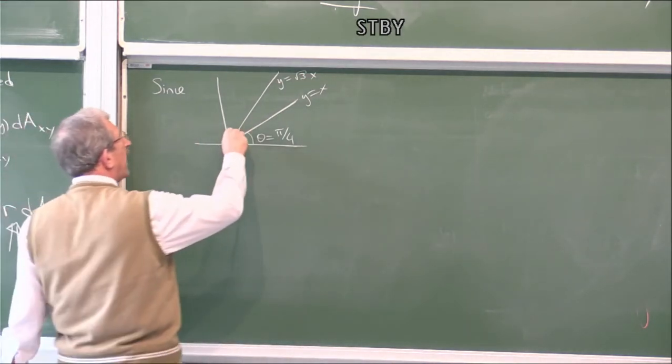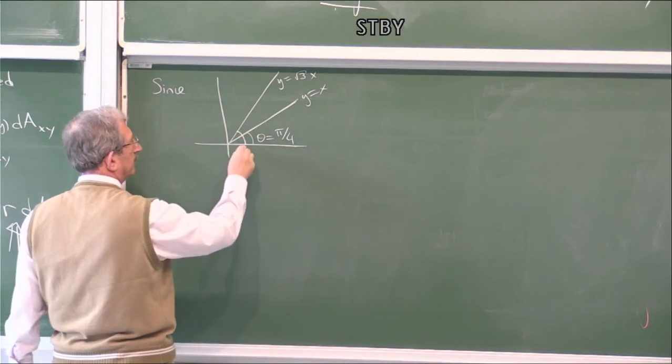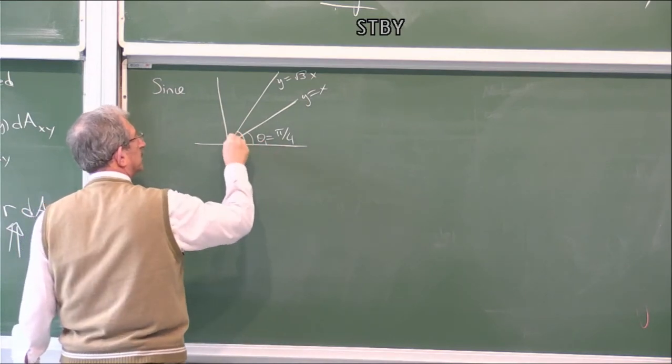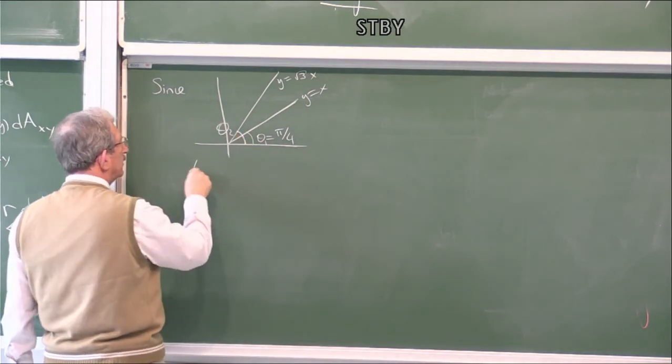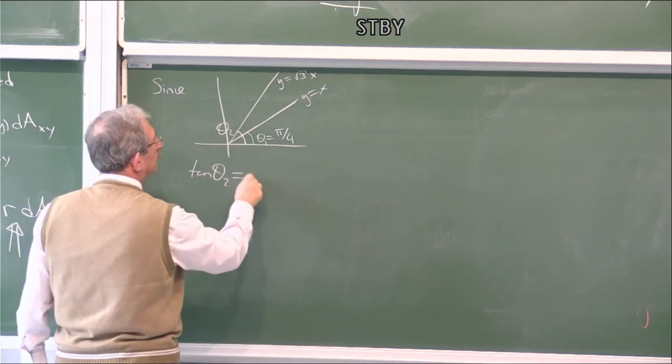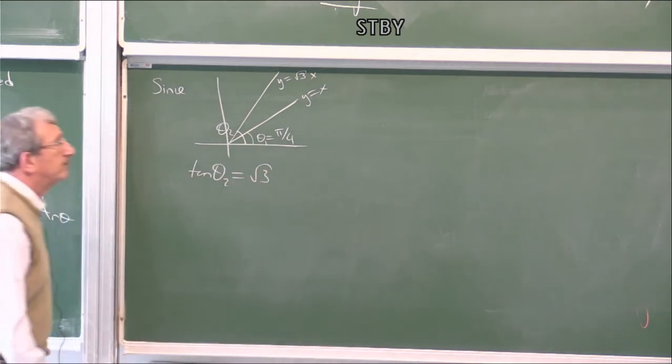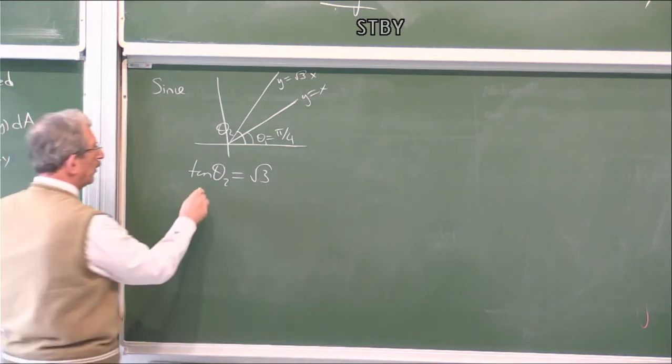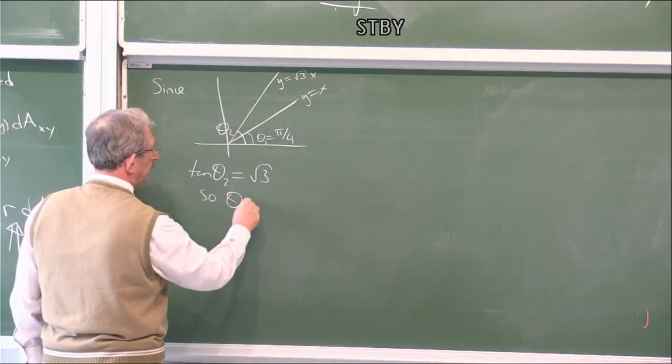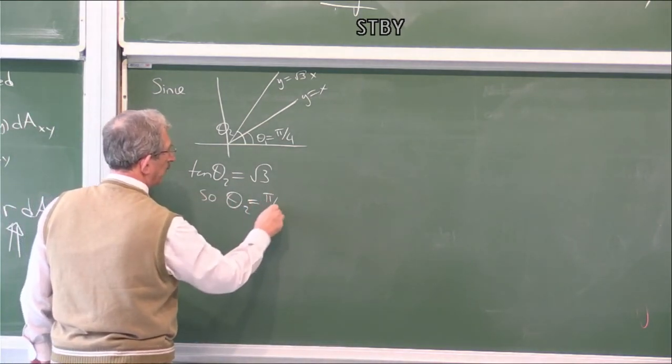Call this angle θ2, then tangent θ2 is, of course, √3. So θ2 is π/3.